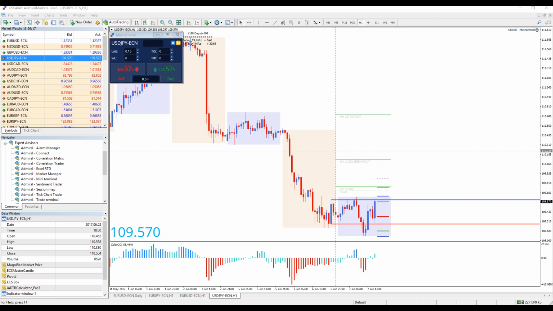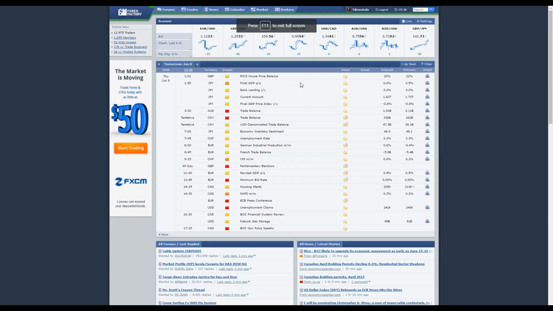Have in mind that the Australian dollar is a bit of a small setup. It has a tight stop loss. And if you want to protect your profits, and if we are in profit before this news, you can do it. It's 3:30, it's 1:30 GMT, trade balance.